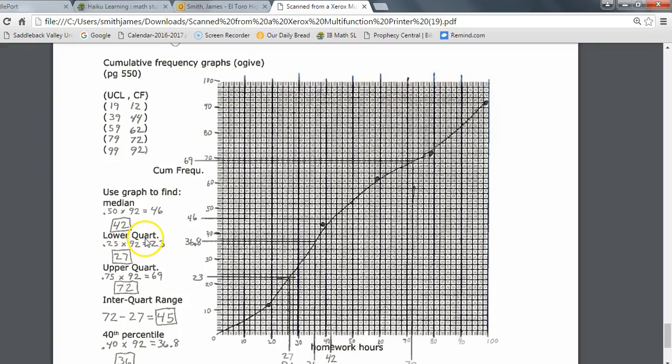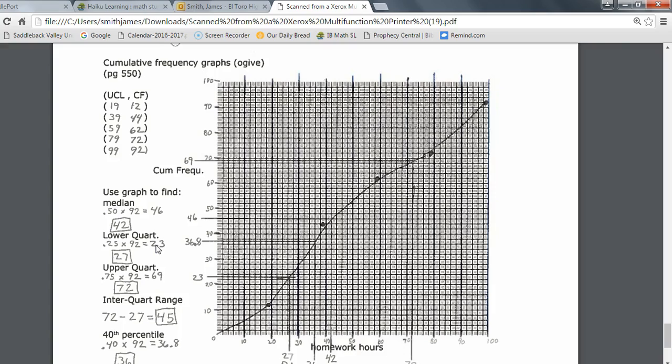The lower quartile, just like the median is the 50% mark, would be the 25% mark. This is the first quartile, or the lower quartile. What is 25% of 92? We get 23. So we're referring to the 23rd term.